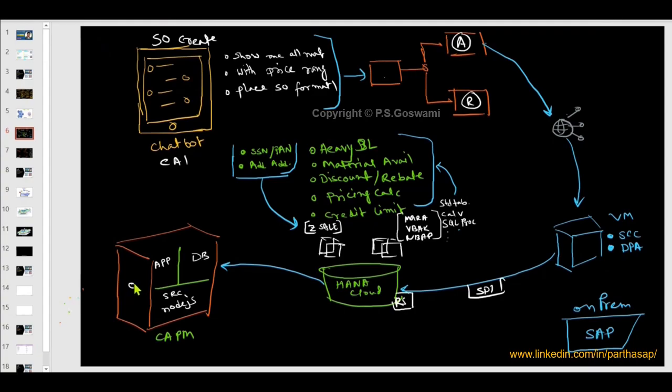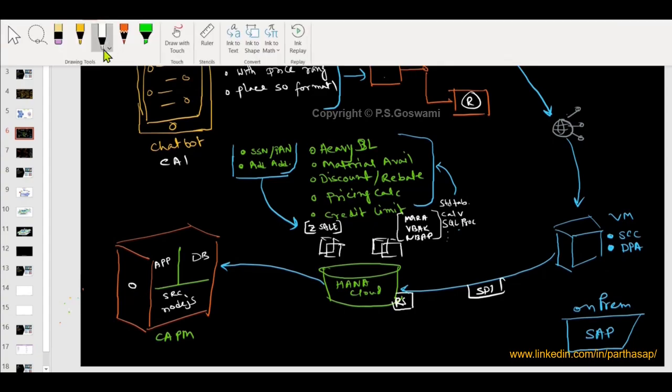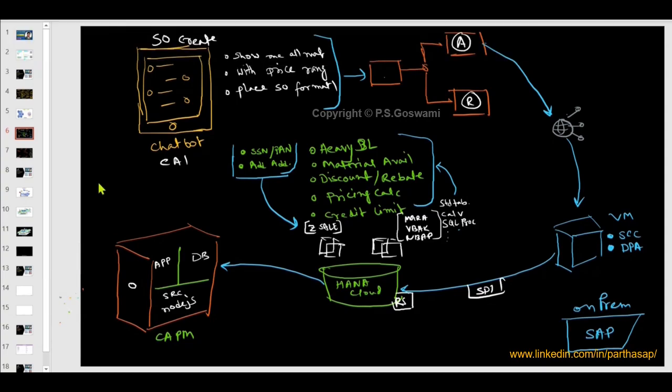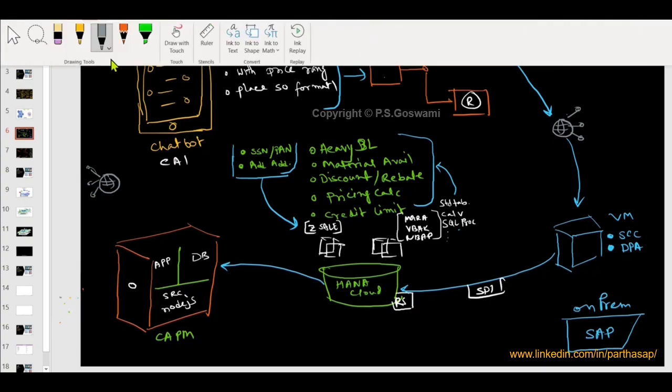We have already seen how to expose your business logics operations as an API from your CAPM layer itself. So this is your API. Similarly, I will draw, this is your API.